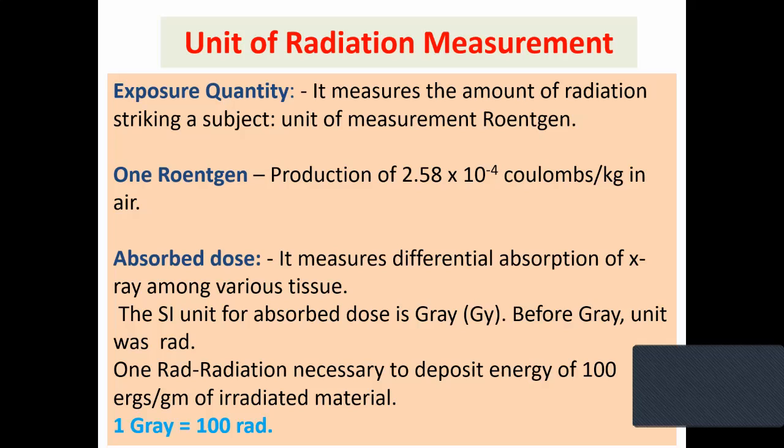How much a particular tissue absorbs from a particular radiation, for that we use the unit gray, or before gray the unit was rad. So one rad is equivalent to the radiation necessary to deposit energy of 100 erg per gram of irradiated material. And one gray is equal to 100 rad.